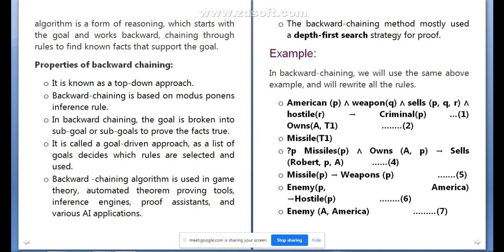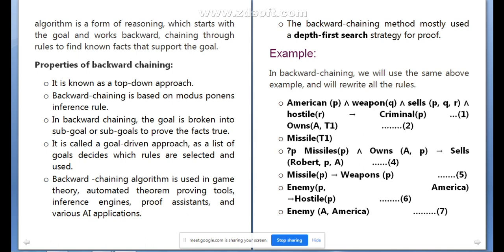Here there are some rules which we inferred from our example: American is P, weapon is Q, sells is Q, hostile is R, and criminal is P. This is rule 1, then this is rule 2, and we have inferred this type of rule.